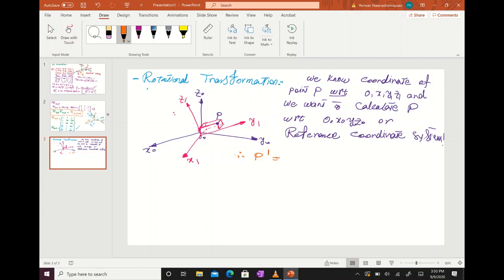I know this vector: U in direction x1, V in direction y1, plus W in direction z1, transpose. We know this U, V, W with respect to frame 1. That's right. So now we want to find P with respect to the frame 0.